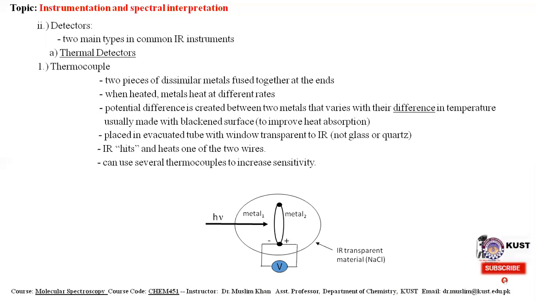So again, coming to the principle of this thermocouple detector, in this thermocouple detector, basically two metal plates of different metals are used, and these two plates are placed in a vacuum tube with a window which is transparent to IR radiation.